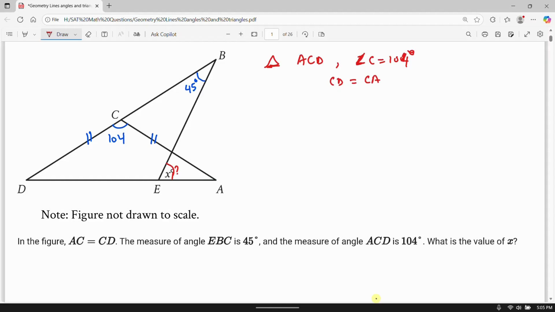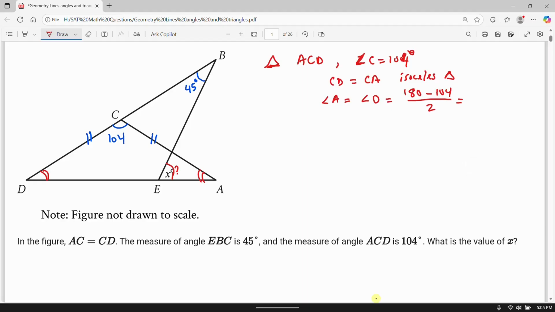That means this is what we call an isosceles triangle. So therefore the angle A and angle D equal 180 minus 104, divided by 2, because those two angles need to be the same.